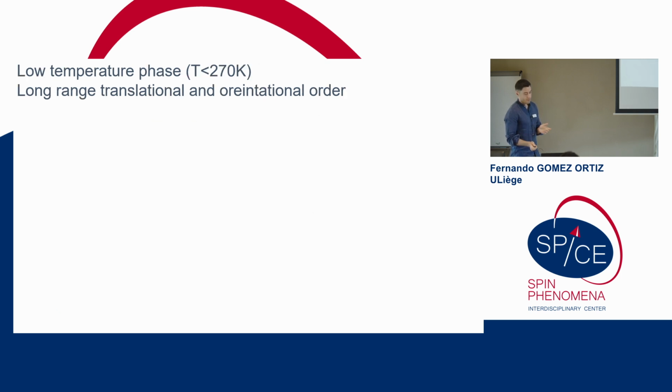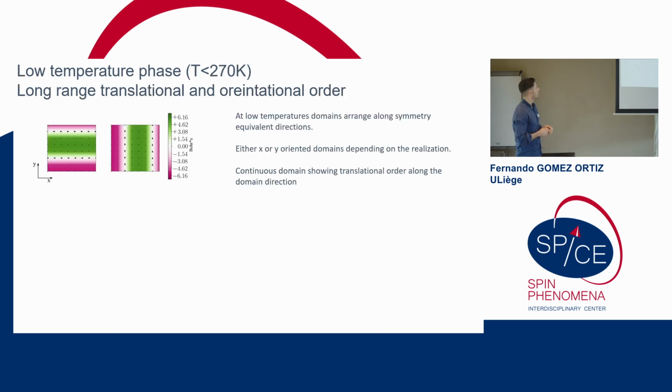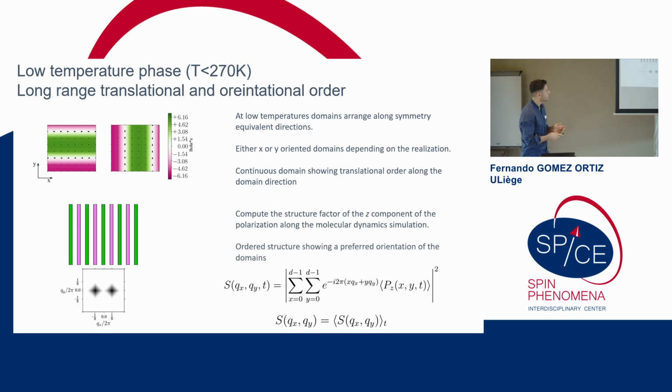We can have a low temperature phase where the domains are strictly striped domains, as they are crystalline. We can compute the structure factor. When we have a perfect order, what we would expect is that the diffraction pattern will show peaks showing the periodicity of the domains.